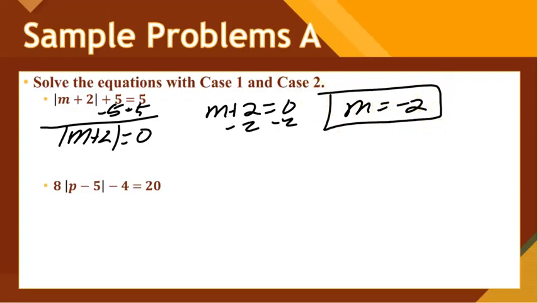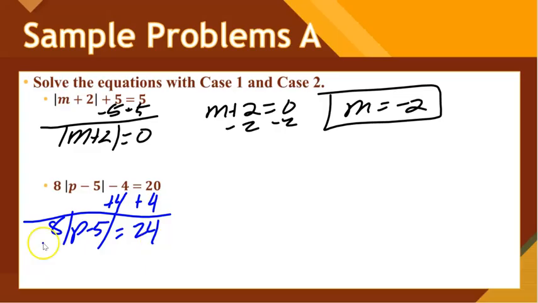Next, I'm going to add 4 to both sides. Now I have 8 times the absolute value of p minus 5 is equal to 24. Divided by 8, I now have the absolute value of p minus 5 is equal to 3.